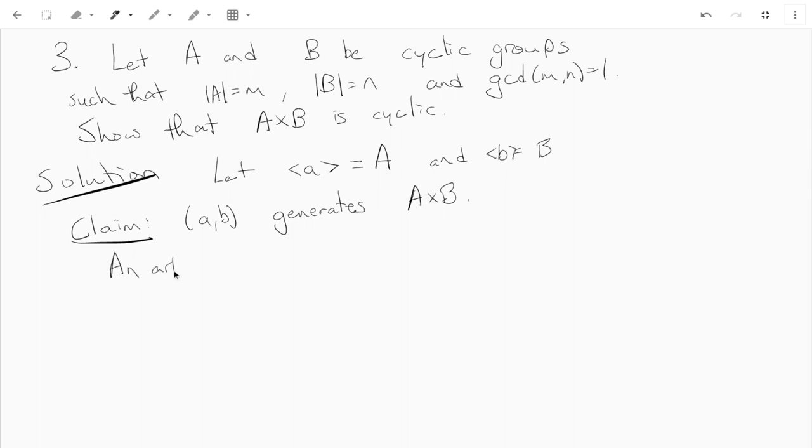An arbitrary element of A cross B can be written as, well, an element of A is some power of little a. So you could write it as a to the R and b to the S.